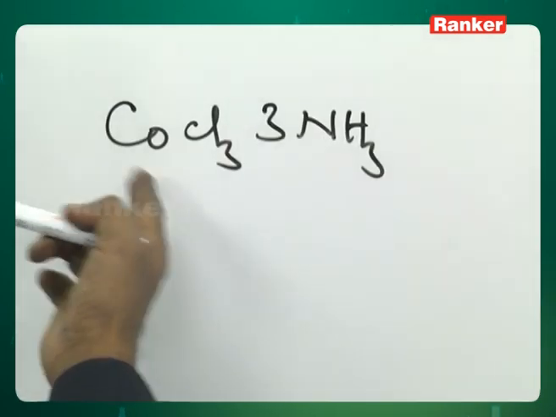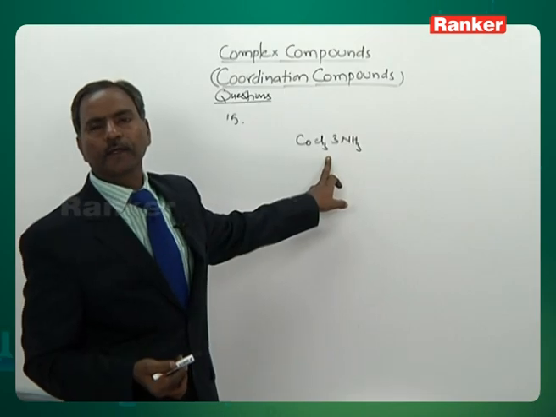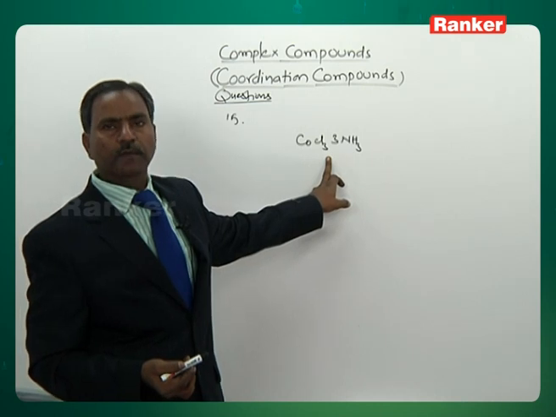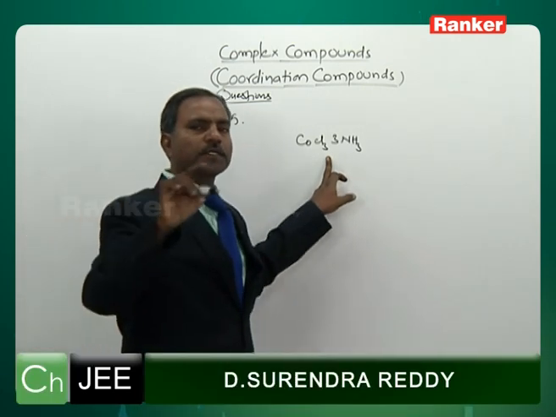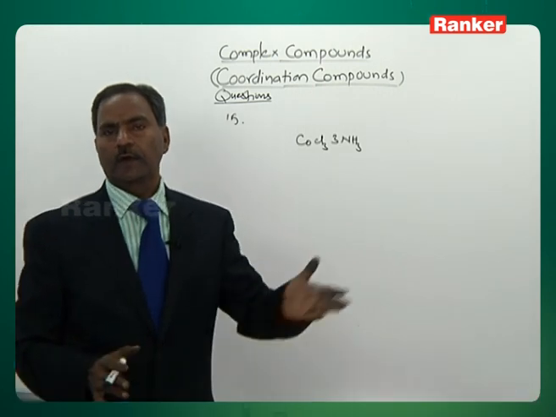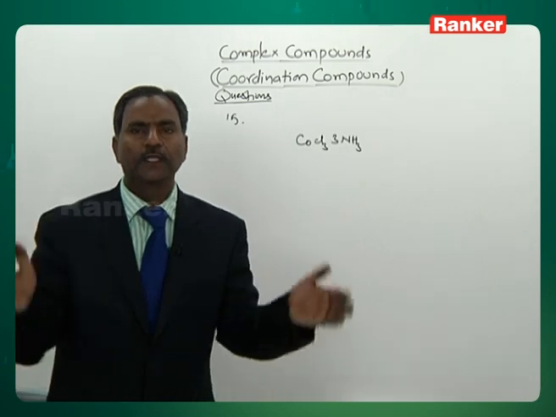Actually, see here, cobalt oxidation number comes to be plus 3. Why plus 3? 3 chlorides. Therefore, cobalt oxidation number plus 3. Whereas with cobalt oxidation number plus 3, the total coordination number comes to be 6. How many ligands are there? Yes, a total of 6 ligands. All should be within the bracket.